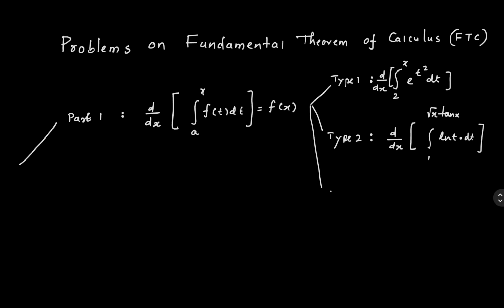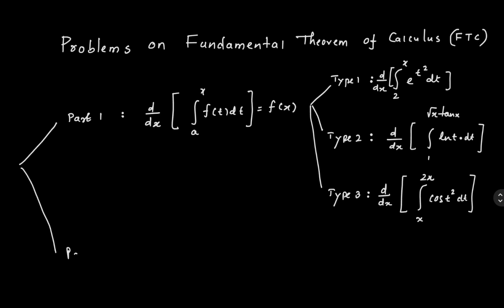And type 3 is when both the limits of integration are variables, like the integral from x to 2x of cos t square dt. So we are going to deal with three types of problems, type 1, type 2 and type 3, on part 1 of the fundamental theorem of calculus.